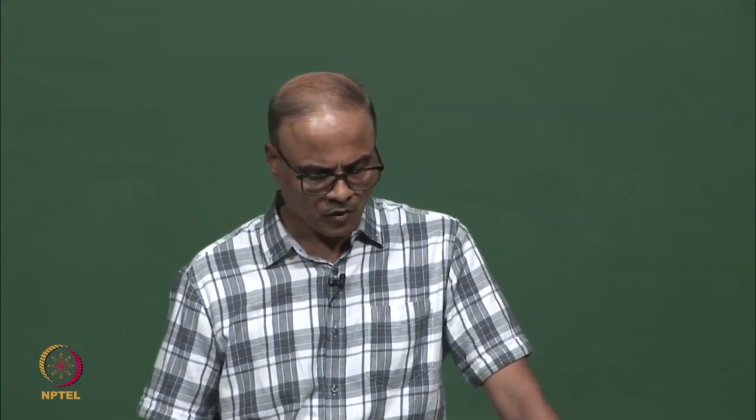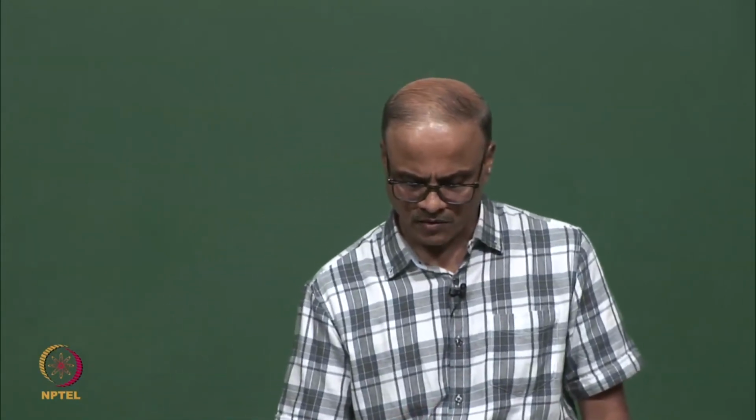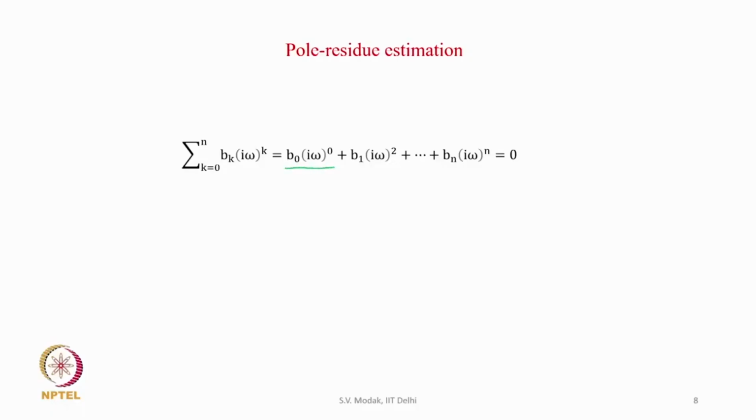That denominator polynomial is this: B0 (i omega) to the power 0, B1 (i omega) to the power 1, and going up to Bn (i omega) to the power n, equal to 0. Here B0, B1, up to Bn are known.